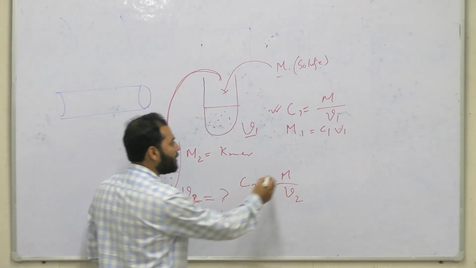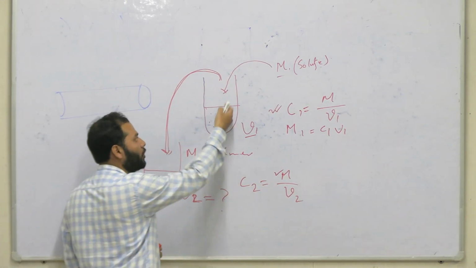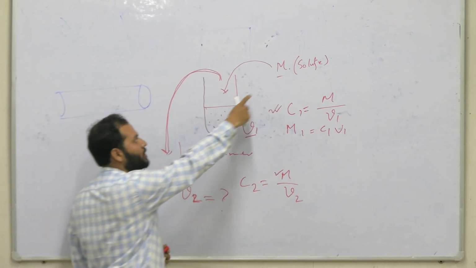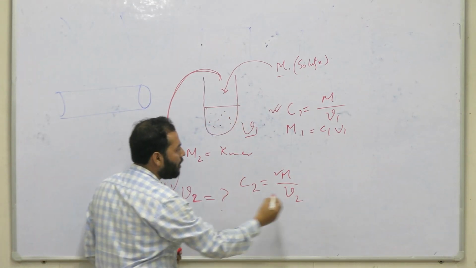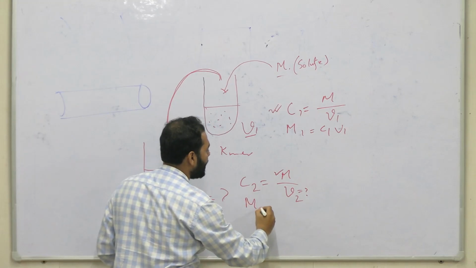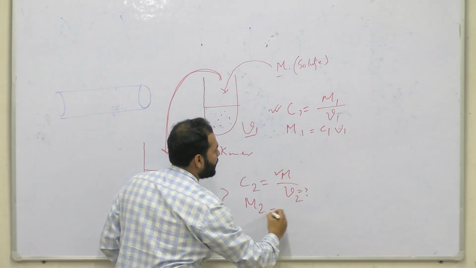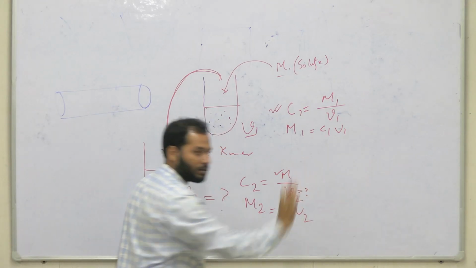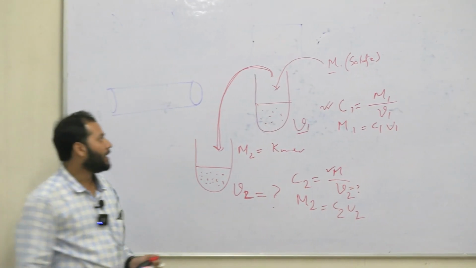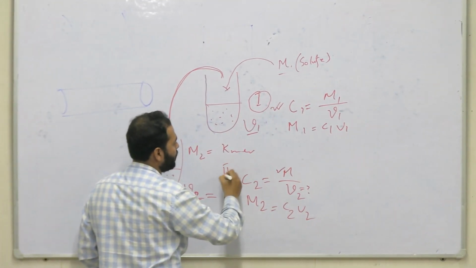This is known for us because we used the previous solution, where the mass was known, but the volume is not known. Here it is M2, and suppose this is M1. See, this is case 1 and this is case 2.